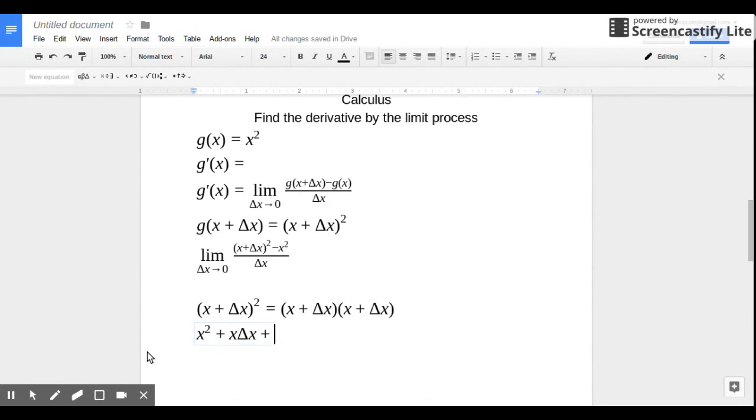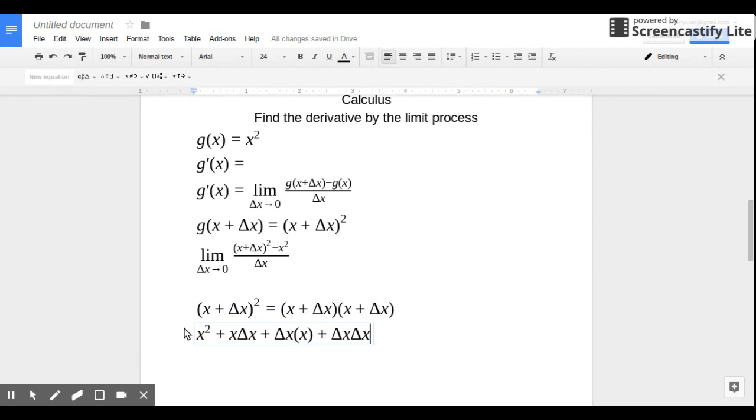I'm going to put parentheses around that because it looks kind of funny putting that x and then that other x next to it. And then plus the last term, which is delta x times delta x. That doesn't look too bad there.